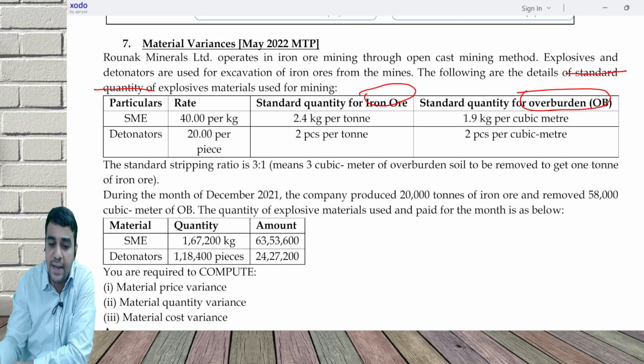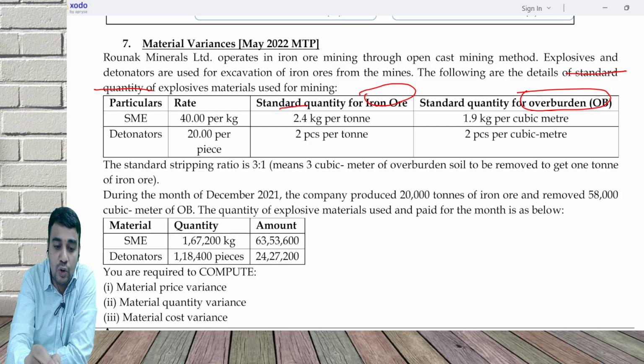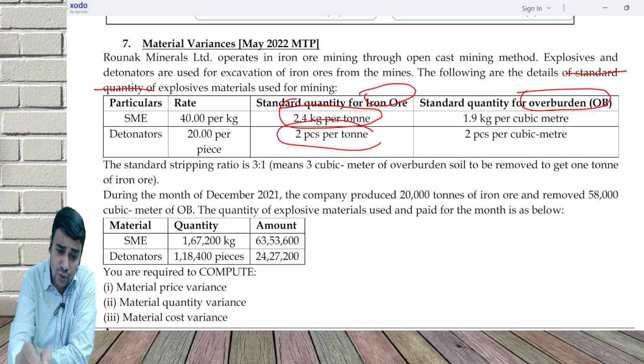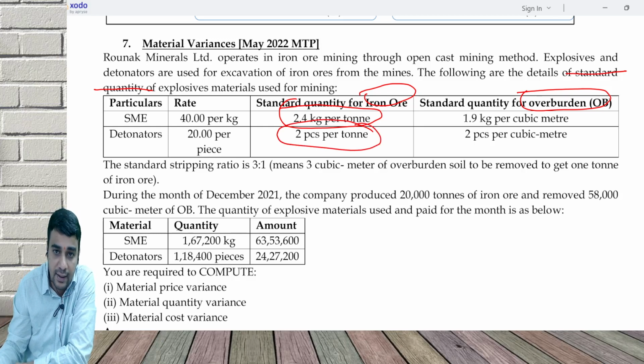If you want to extract 1 ton of iron ore, you'll have to spend 2.4 kg of raw material per ton. So 2.4 is to 1 is the input output ratio between SME and iron ore.